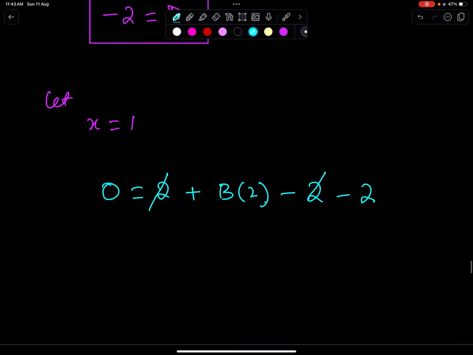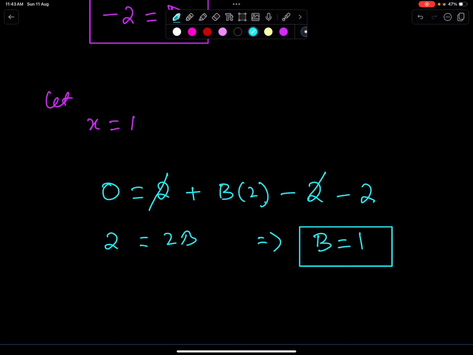So these two will be cancelled. So 2 is equal to 2b, therefore b is 1. So we have got the values of all unknown constants.